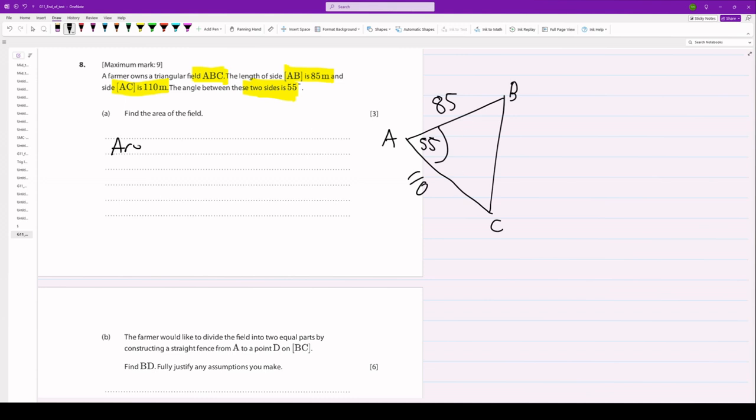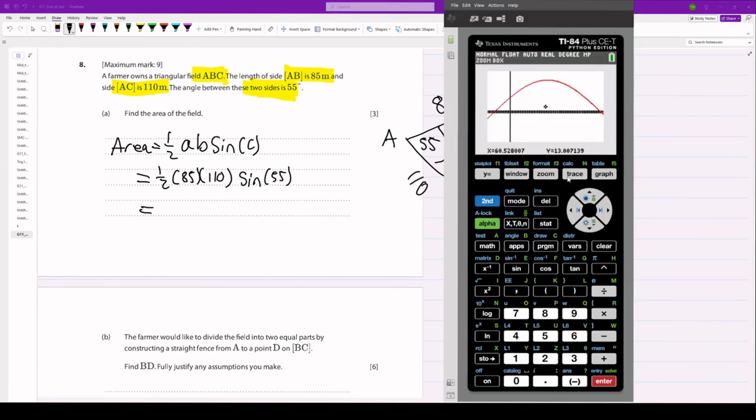Well, the area is equal to half ab sine C. This is a formula given to you in your formula book. So half times 85 multiplied by 110 times sine 55 is my answer. So I'm going to use my calculator for this.